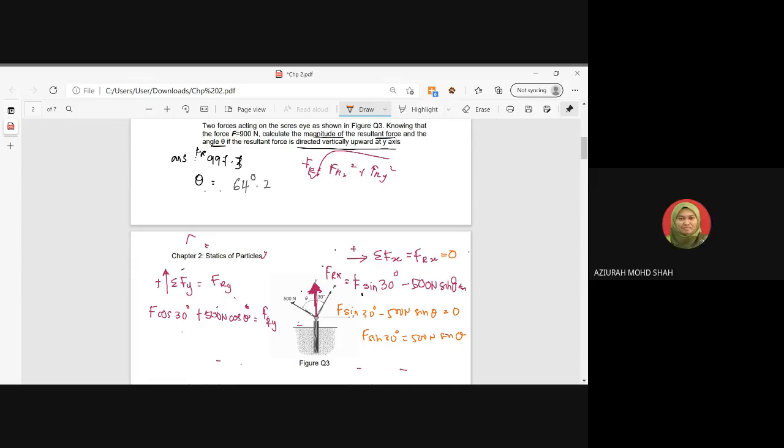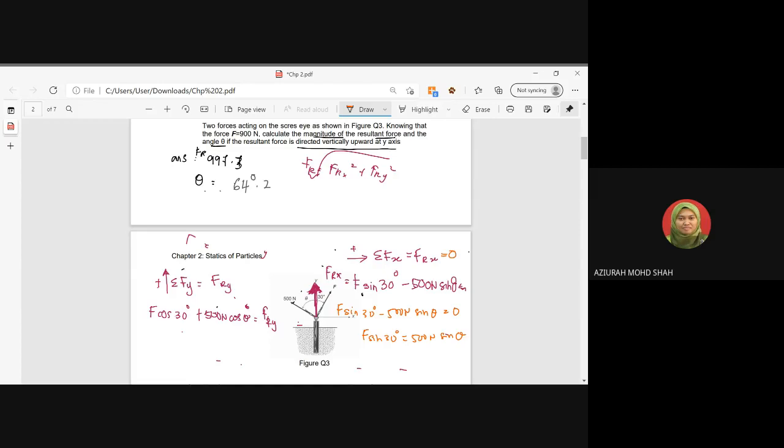So you get the same thing, right? So 64.2, and then you can put the information 64.2 in here. Obviously, you will get the same answer, like the previous one that we have done last week when we use trigonometric solution.